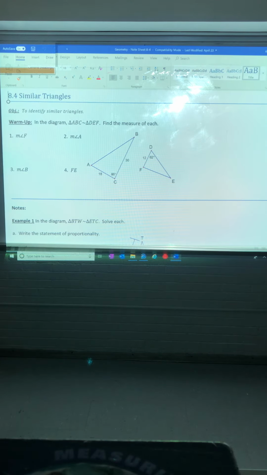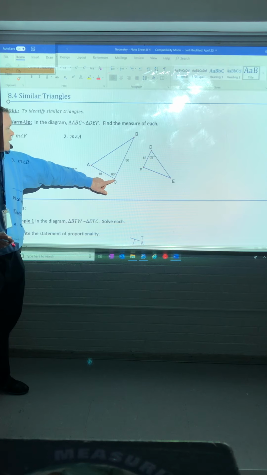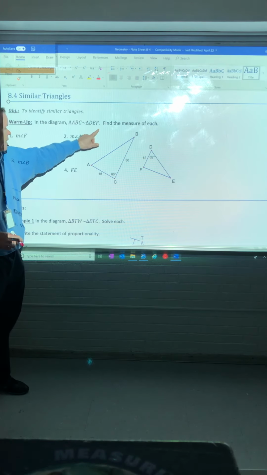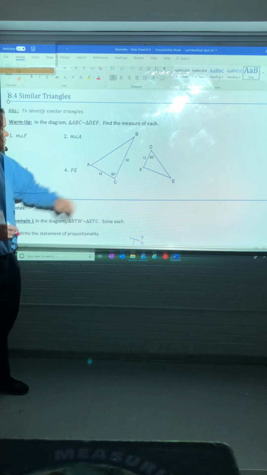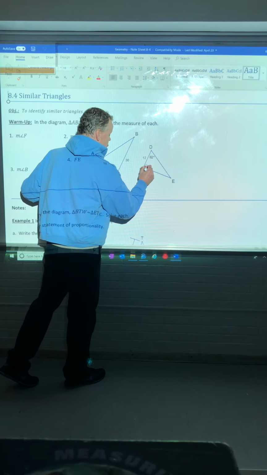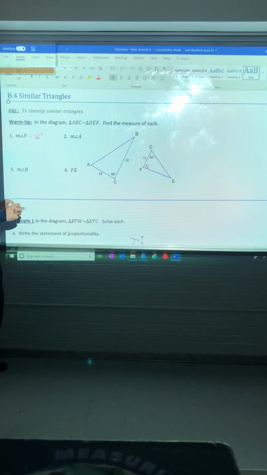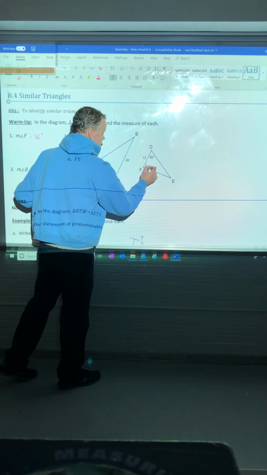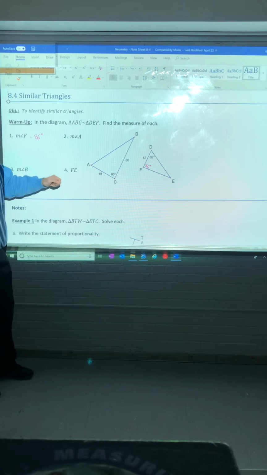And if you look here, you look at angle C, okay? Angle C right here, that's going to line up with angle F. So we know if C is 86 degrees, angle F is also going to be 86 degrees. Because we know that C and F are going to line up.